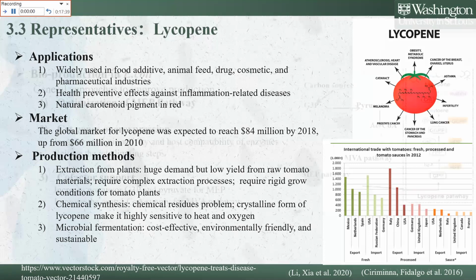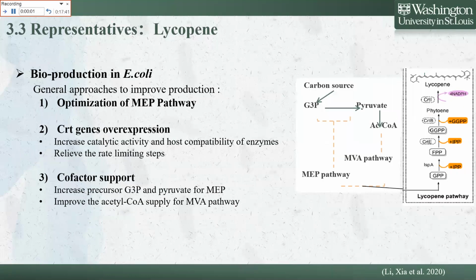And next, I will have a brief introduction about the bioproduction, about how to produce lycopene. I'm showing the figure on the left-hand side. After the MEP pathway and MV pathway, the precursor will go into the lycopene pathway, and with the CRT enzymes, finally it will produce the lycopene.